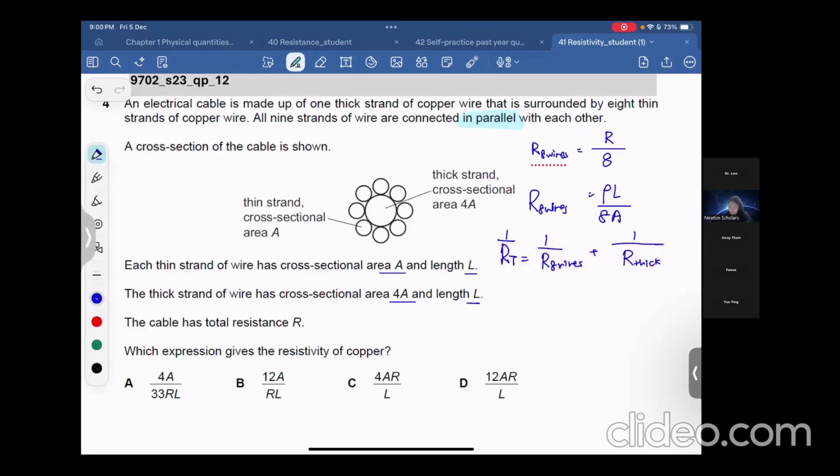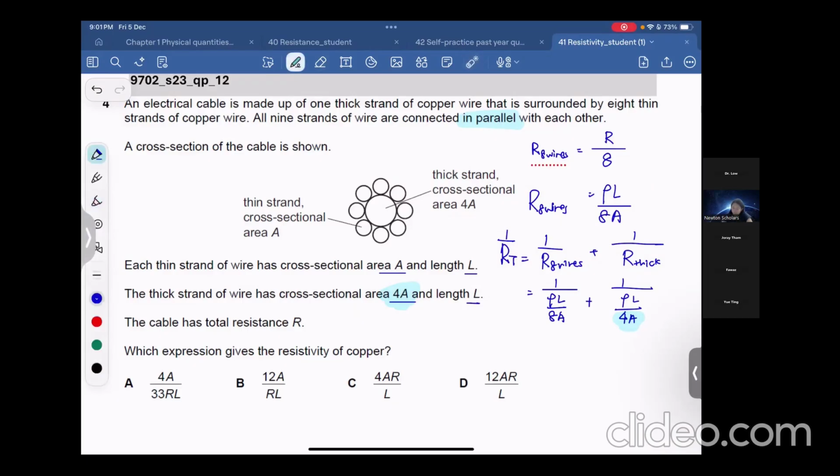So 1 over rho L over 8A plus 1 over rho L over 4A.